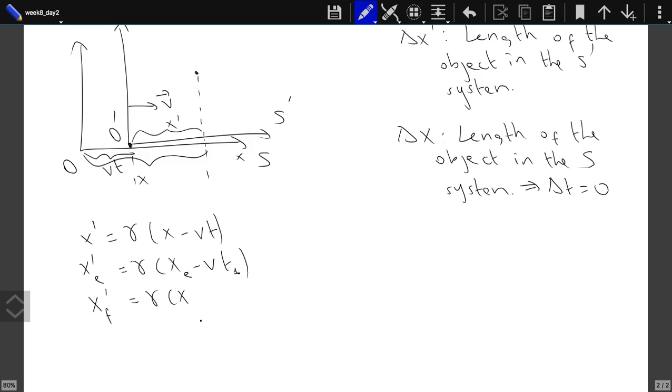This was gamma xf minus v at the same time t1. So in the S reference frame, there are two events that happen at the same time, and one happens at xe, the other one happens at xf. So these are two measurements, the positions of two measurements that are made at the same time in the S reference frame.